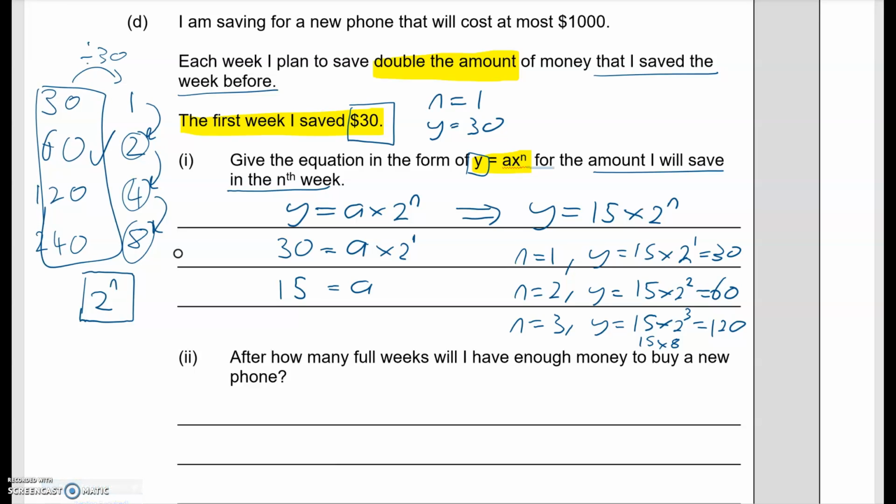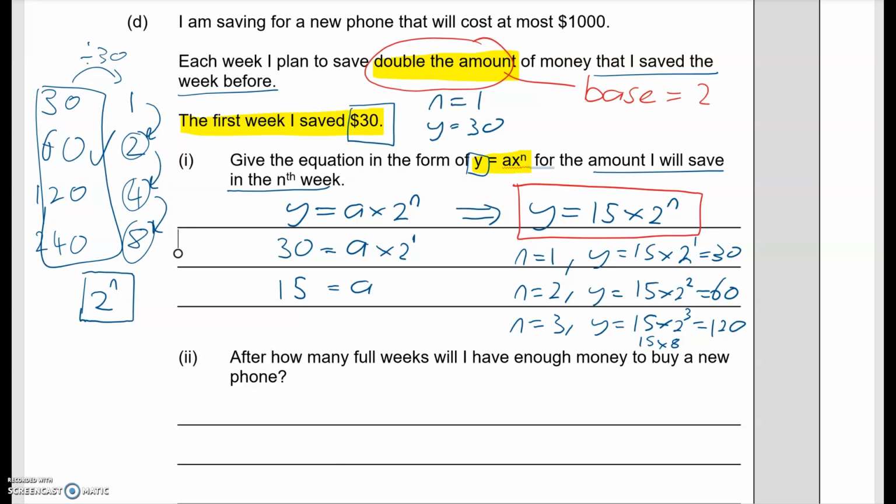Okay, so it's got a little bit messy, so I'll put a red box around the answer. Just to recap, we saw double the amount, so we knew the base was going to be 2. It's doubling, so base equals 2. If it was tripling, the base would be 3.